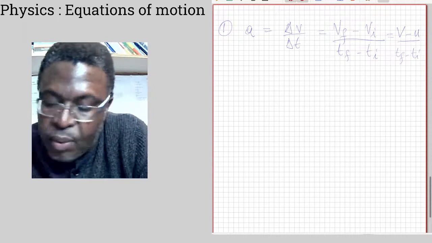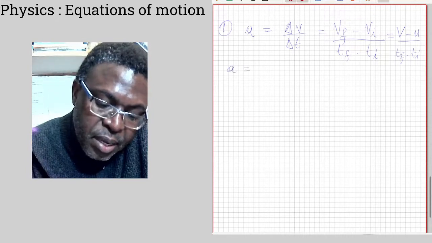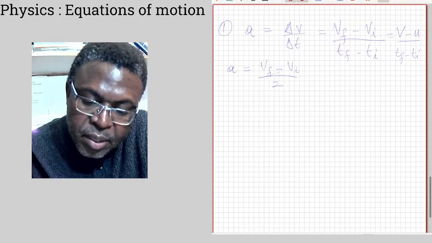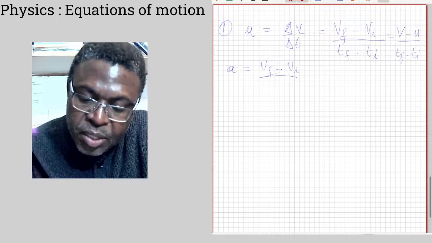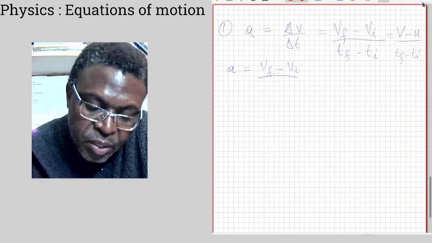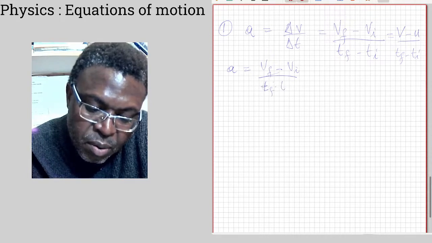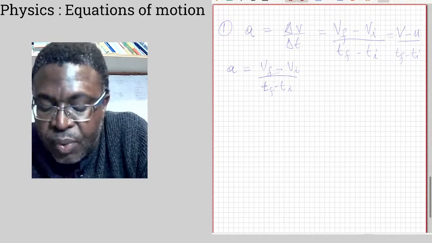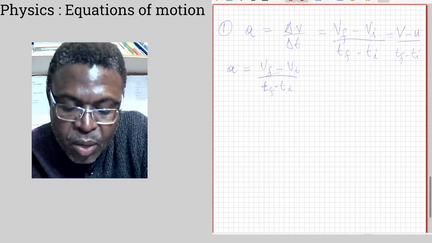So now, what do we have here? Acceleration A is equal to Vf minus Vi over change in T, so Tf minus Ti. From here we are just doing a cross multiplication.